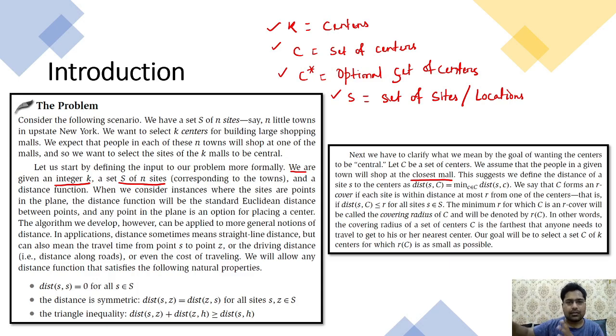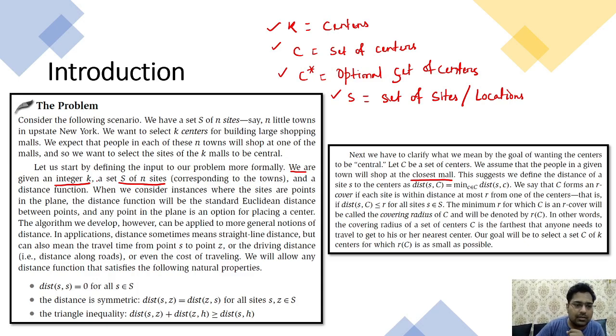N means anything from 1 to some countable number, because here we are focusing on a real-time scenario, so there is nothing unlimited to be added. So there are n sites. Corresponding to a town, whenever we focus on a city, there are different locations, so we keep those as a set of locations.